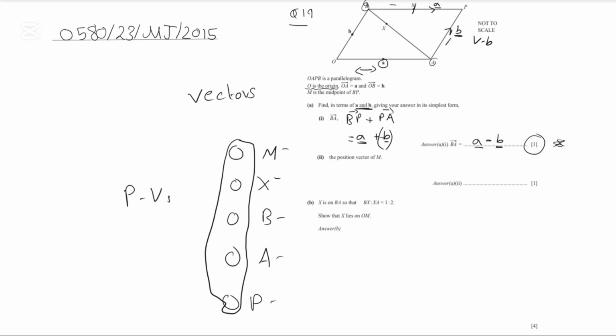And over here, keep in mind that in this question they're asking us for the position vector of M, so this one. So we're finding vector OM.